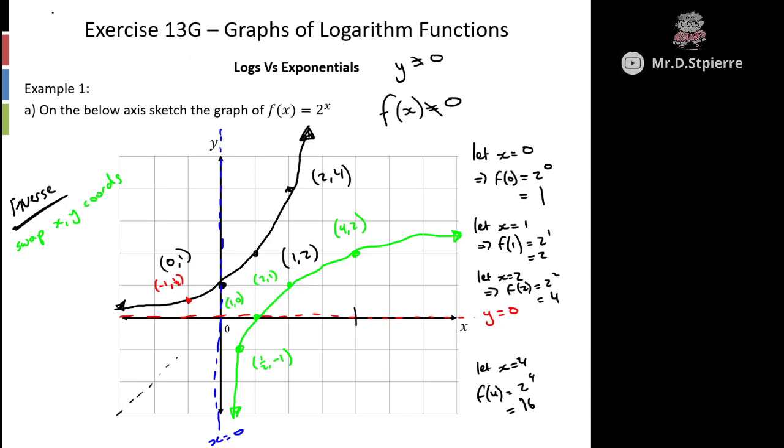Inverses will reflect about the line y equals x. So we can see that black line flipping over y equals x is now our green line, the inverse of it. So there's our graph of, and I should probably label this, f of x, and this is the inverse, which is the log.